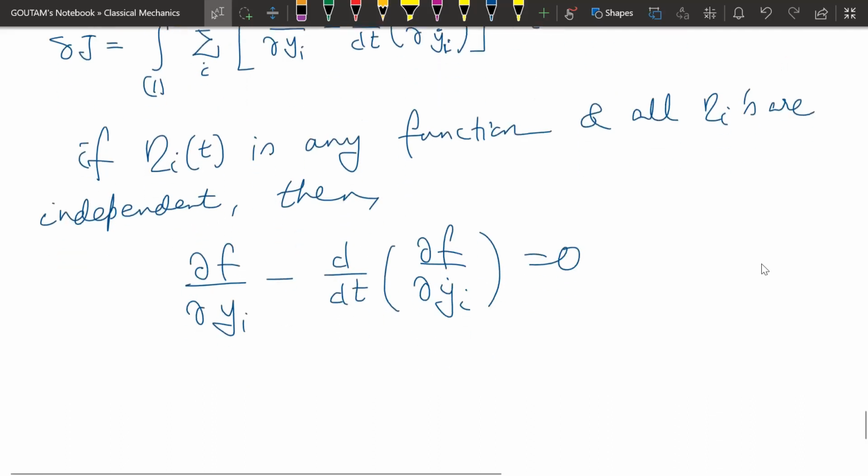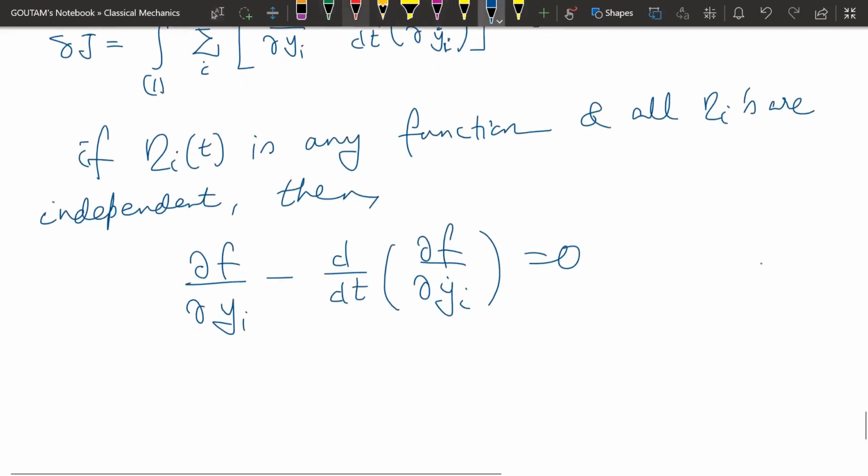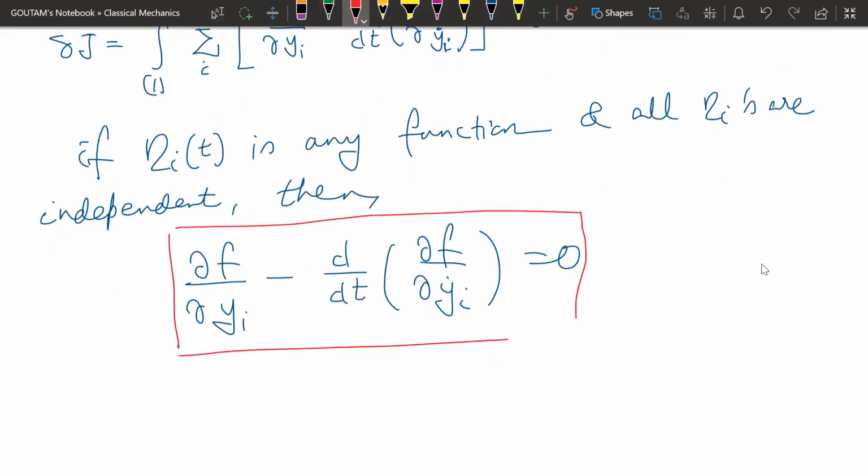Okay, this is Lagrange's equation derived from Hamilton's principle.